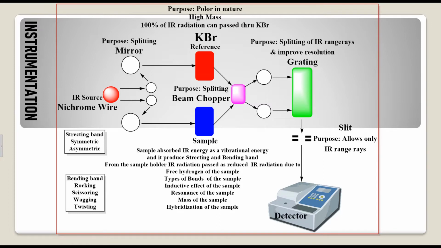The grating improves the resolution of the reduced IR radiation. Through the slit, only the reduced IR range goes and reaches the detector. After reaching the detector, it produces the IR spectrum. This is what happens in the IR instrumentation.